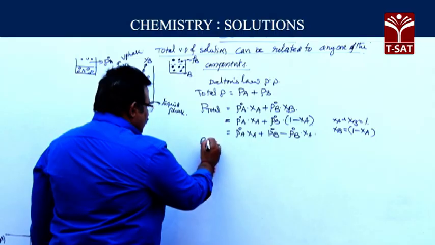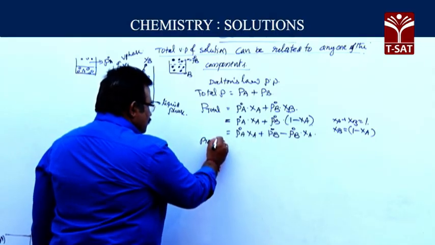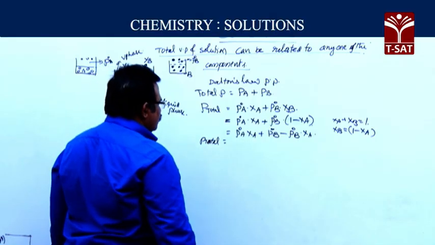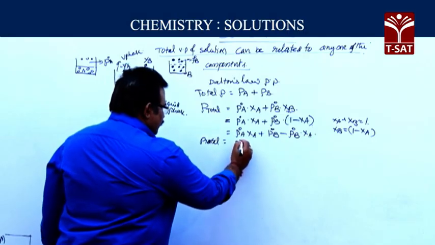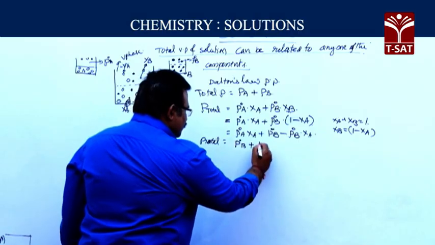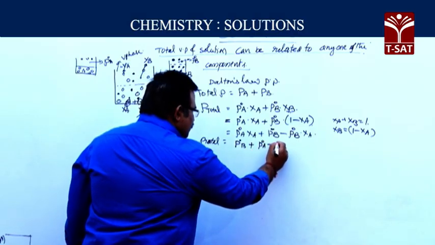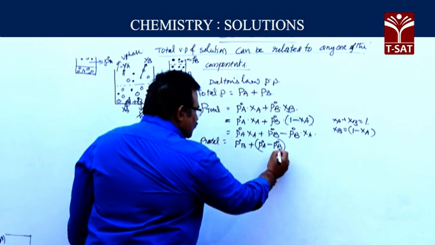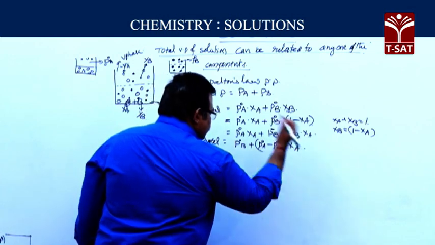So, P total is equal to P0B plus P0A minus P0B into XA.